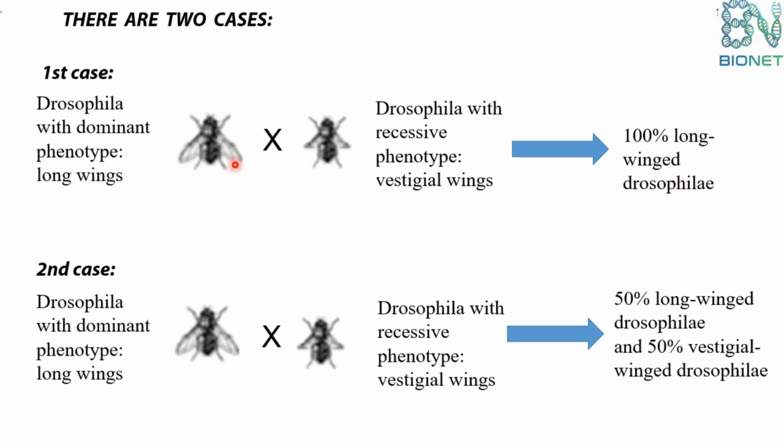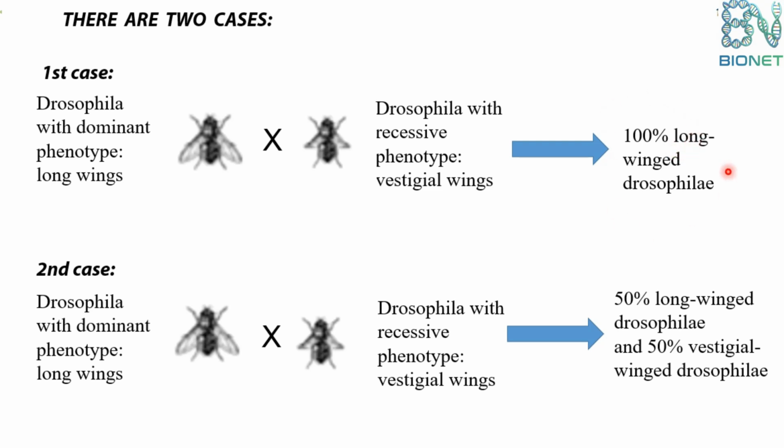This proves that this Drosophila is homozygous because the recessive phenotype here didn't appear. So this Drosophila doesn't have the genotype LV, it doesn't have the allele V, because if the allele V were in the genotype of this Drosophila, the phenotype vestigial would appear in the descendants.